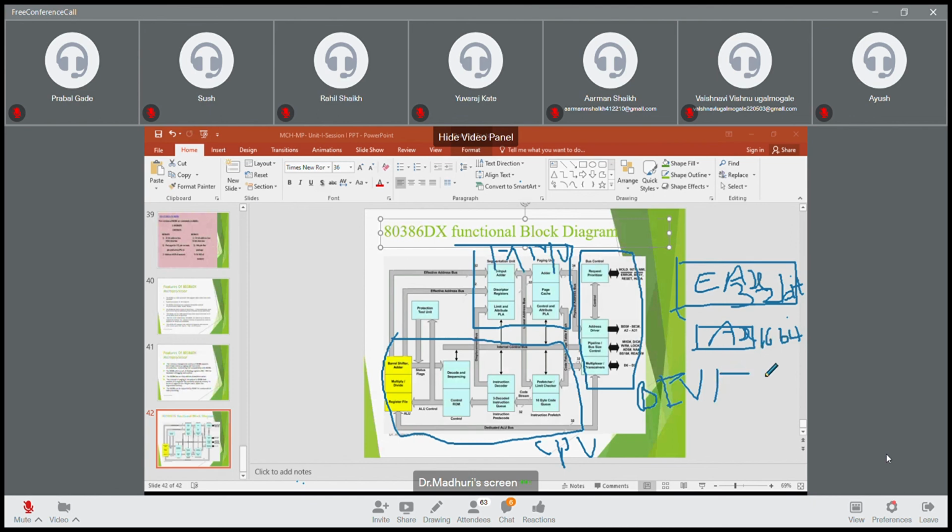If I take AH and AL, this is my AH and this is my AL. AL is 8 bit and AH is 8 bit register. Got it? This is the AH and AL register.